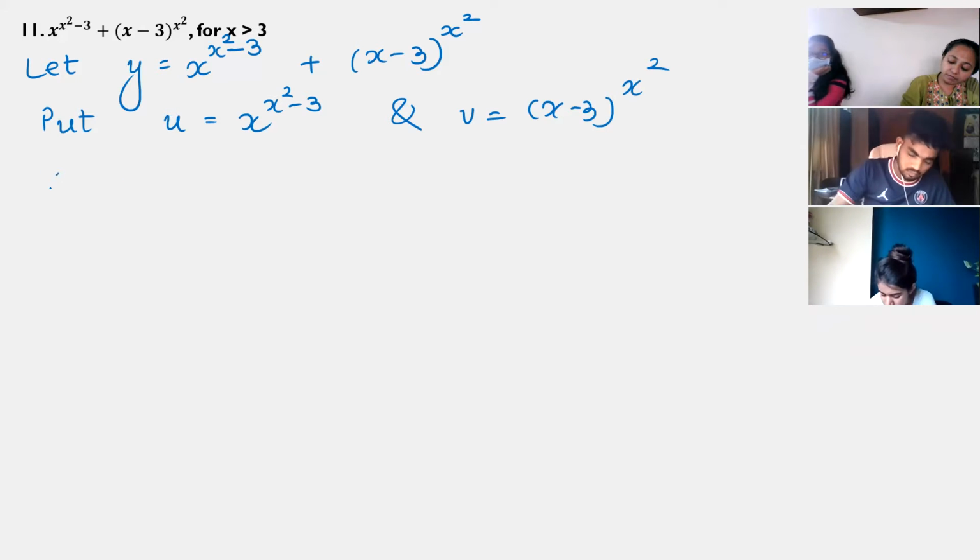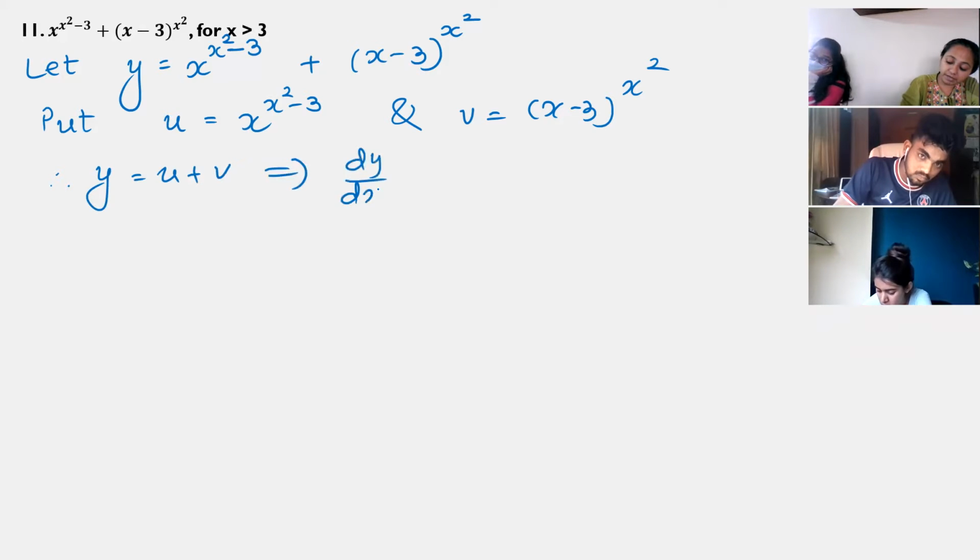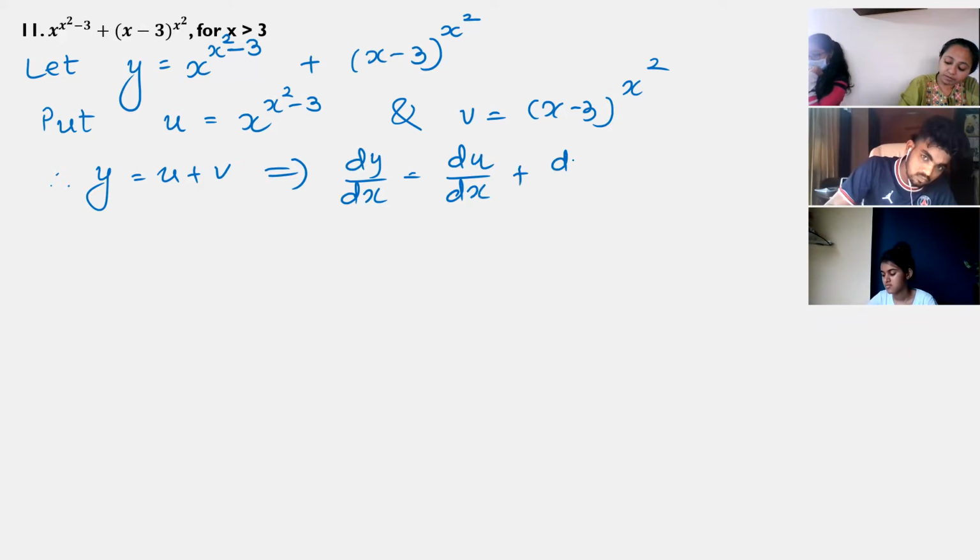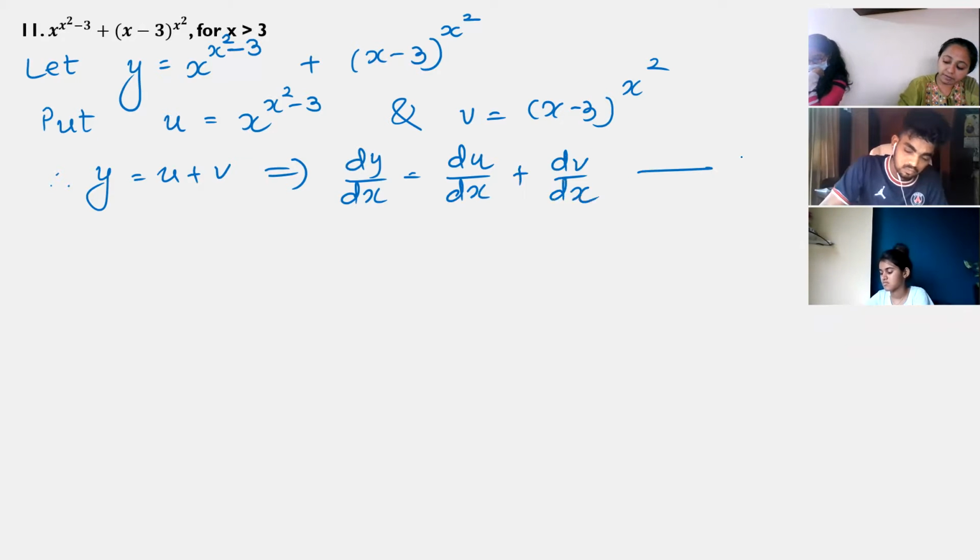That is why my y will turn to u plus v, and that is why my dy by dx will turn into du by dx plus dv by dx. This is one. Let's find out du by dx.